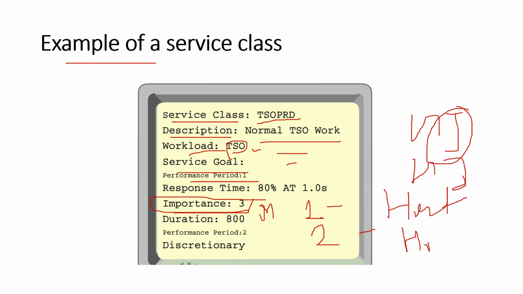When goal importance is 4, it is low, and 5 is the lowest. Here the duration is also mentioned as 800, and the performance period is 2. And one more thing is discretionary, which has importance below the value of 5.